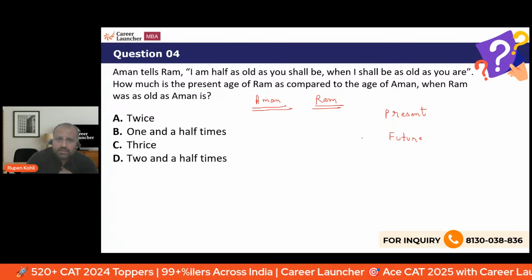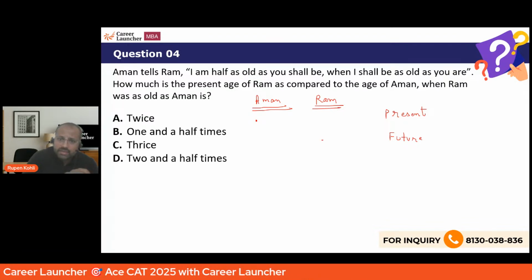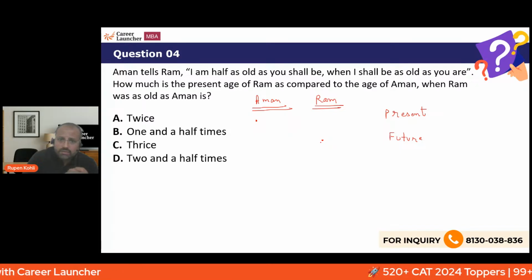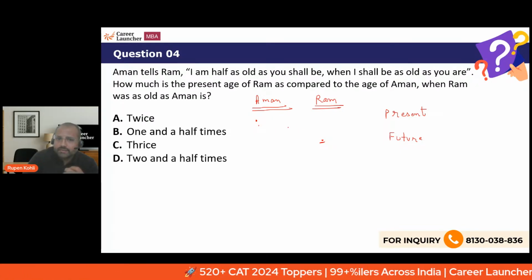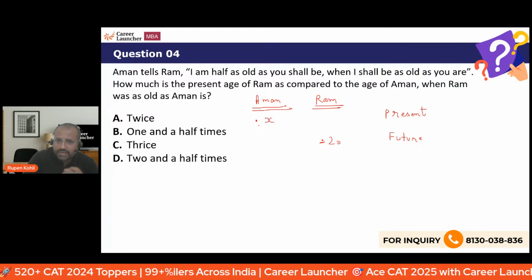I am half as old as you shall be. The present of Aman is half of what Ram will be in the future. This number is half of this number, or the other way around, this number is twice this number. Make that interpretation. So if this is some x, then this is 2x.